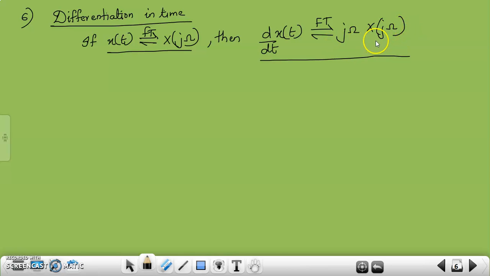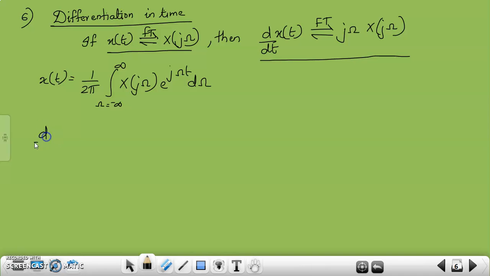So if you are differentiating the signal in time domain, then in the frequency domain the spectrum gets multiplied with j times omega. The proof is, you can start with the inverse equation or the synthesis equation. x of t is equal to 1 by 2 pi integral over omega from minus infinity to infinity x of j omega e raised to j omega t d omega. So this is the inverse continuous time Fourier transform equation.